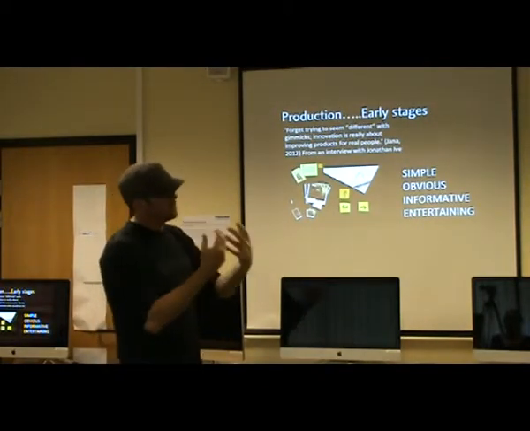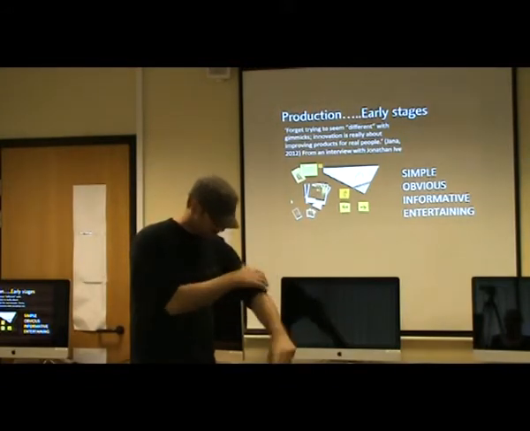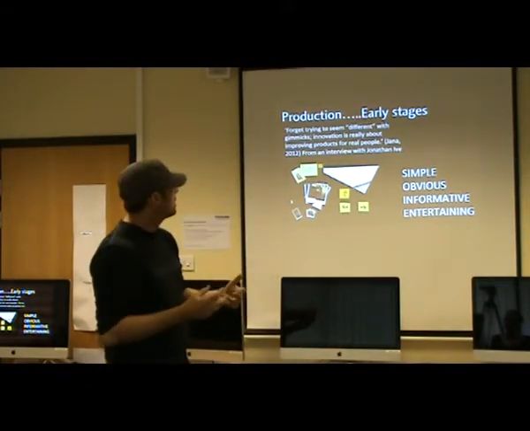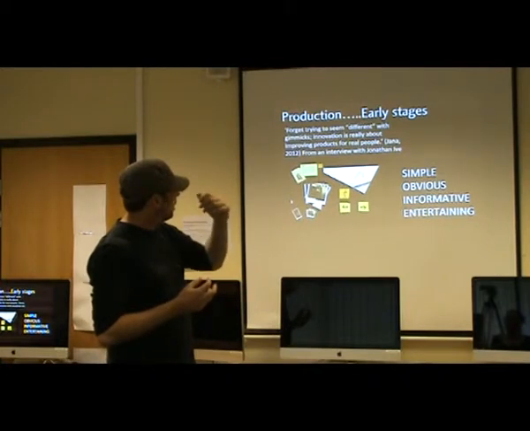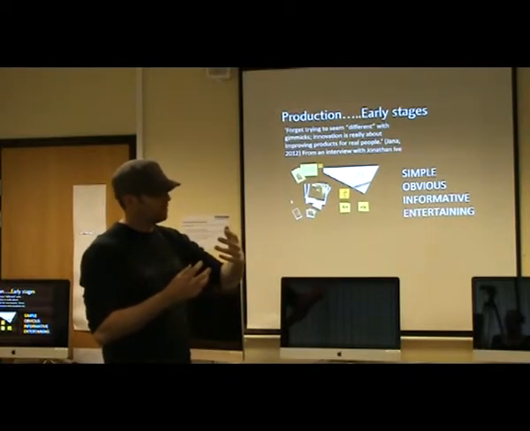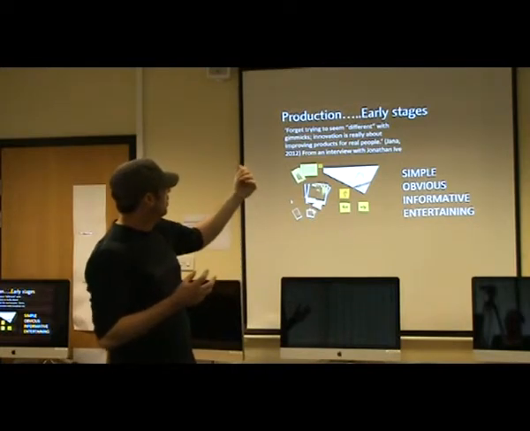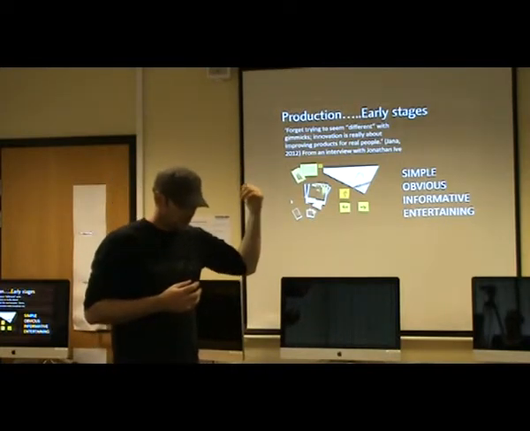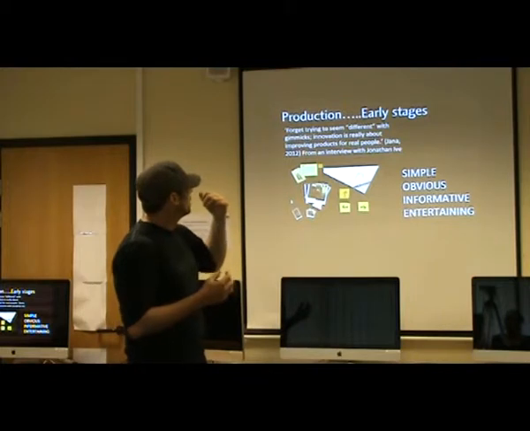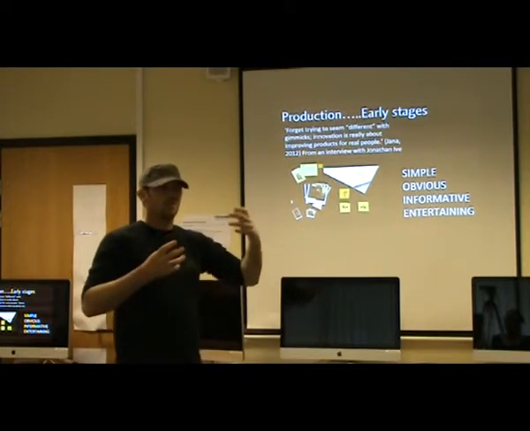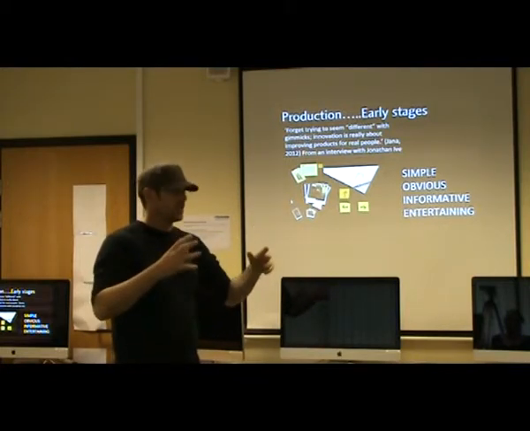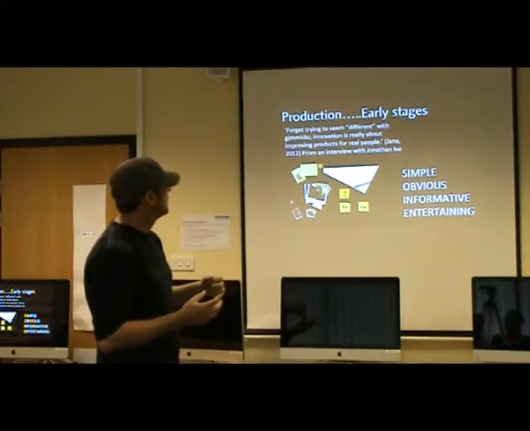Right, so actually producing the piece at the very early stages, I wanted it to be very simple and obvious to use. And as Jonathan Ive says there, who's the lead designer for Apple, don't worry about gimmicks and things, just make it usable, make it efficient and do what it's supposed to do.